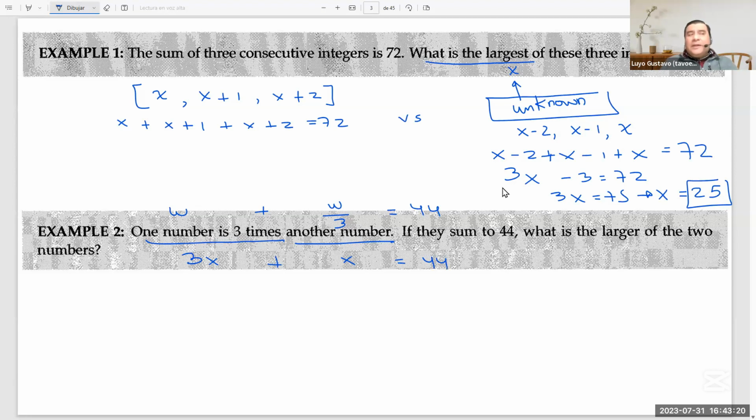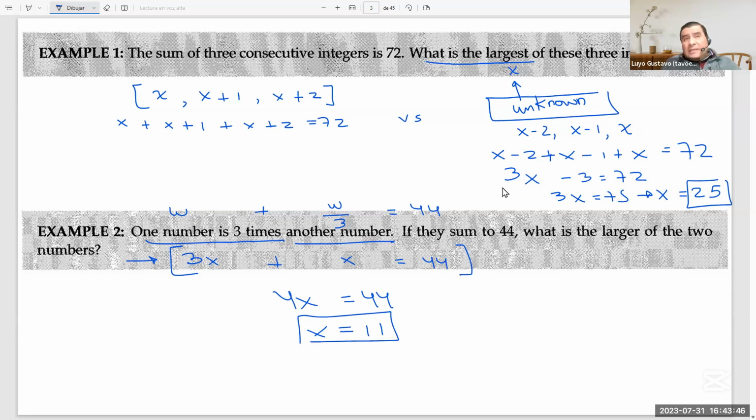Actually, it is much better to work without messing with denominators unnecessarily. So this one would be a better equation to formulate because it's faster to solve. If you just add this, then you know that x equals 11, of course. But this is not the answer to the question because x is not our unknown. x is the lesser number.